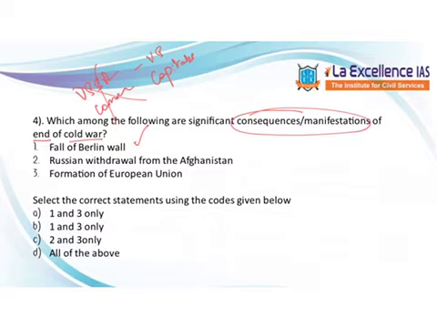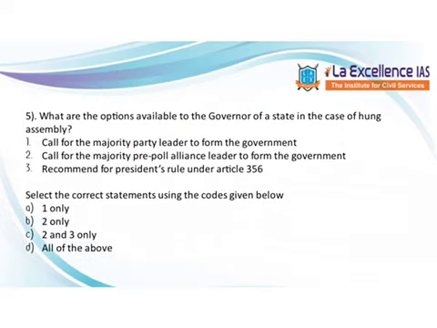Because of the ideological and socioeconomic differences, to ensure the development of the European countries which suffered because of the Cold War era, the Maastricht Treaty was signed. That led to the formation of the European Union. The fall of the Berlin Wall also coincided with Russia's withdrawal from Afghanistan. Therefore, the answer is D.